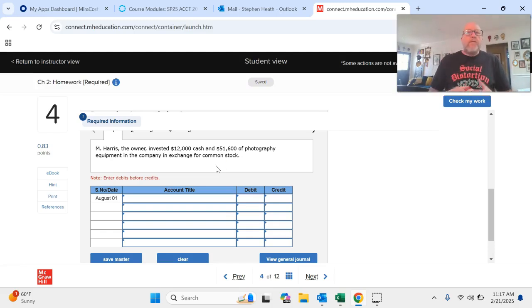And I'm not suggesting that memorization is a good thing, but I am saying that the better you understand the accounts and debits and credits, the easier everything else is.